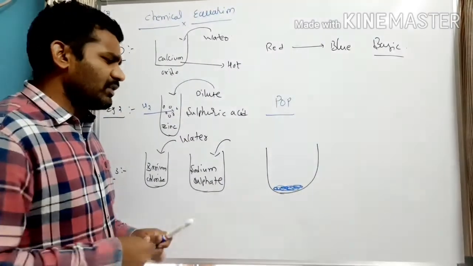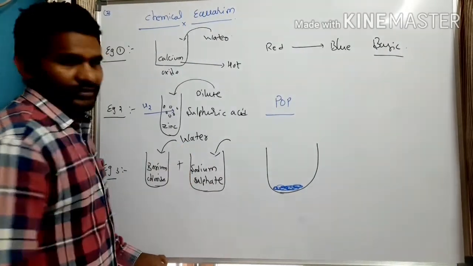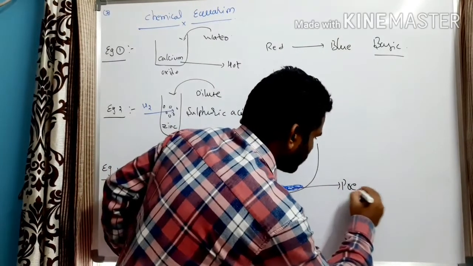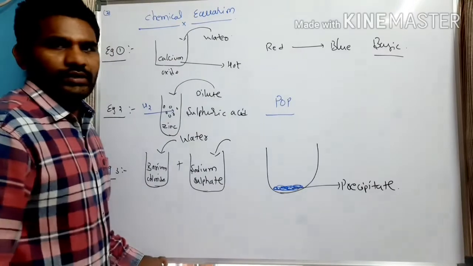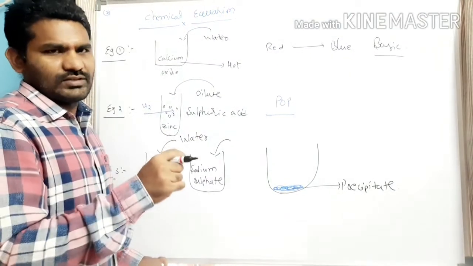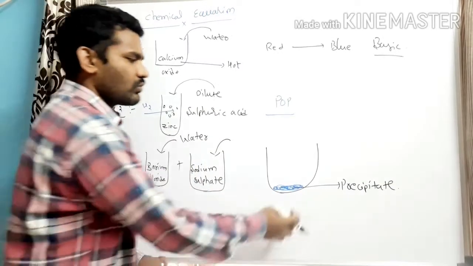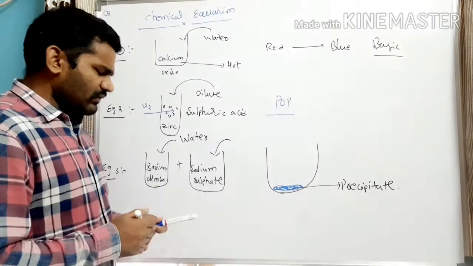That insoluble substance formed when the two solutions are mixed, we are calling it a precipitate. So what is a precipitate? The insoluble substance formed after the reaction is called a precipitate. Now observe carefully.